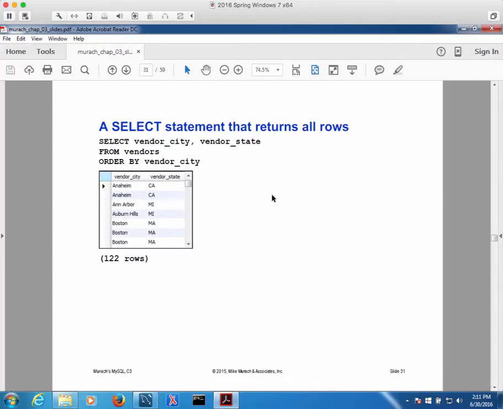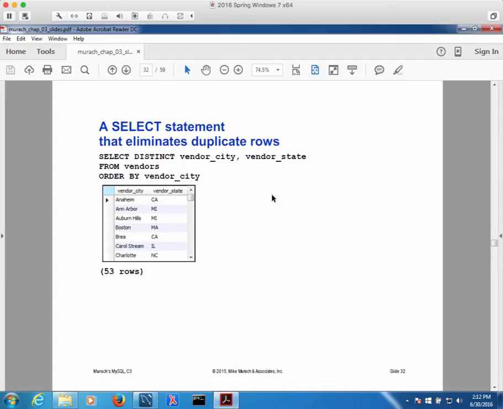So if we back up to slide 31, where we said select vendor city, vendor state, we could have said select ALL vendor city, vendor state. That's the default, so that's why we're not saying select all. You can see that there are two entries for Anaheim, California, 3 entries for Boston, Mass.